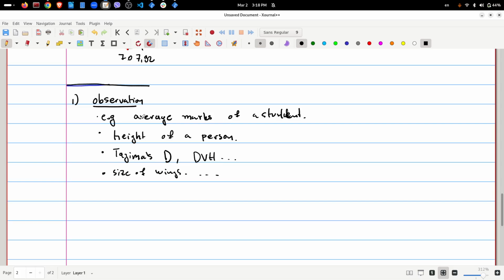For example, here, the average marks of a student, my actual observation could be that I have all classes of the student. I have mark 1, mark 2, mark 3, all the marks of all classes of the student. But then what I do is that I calculate an average value. Here I have a single value, here I have a single value, here I have a single value. So my observation usually should be summarized into a single value.